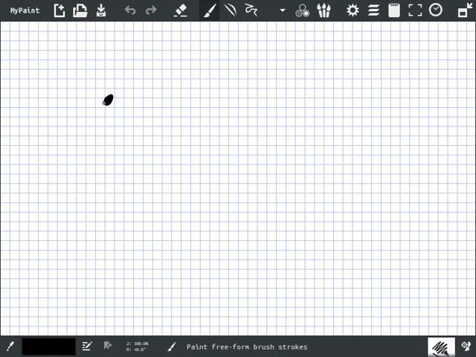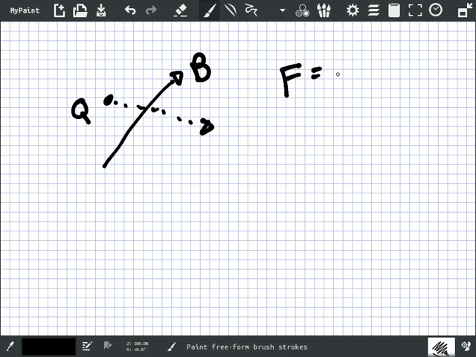Do you remember the formula? If there's a Q moving this way, and let's say there's a B this way, and then you get a force. Do you remember what the formula is? Q, V, B. But instead, let's say we have a current.